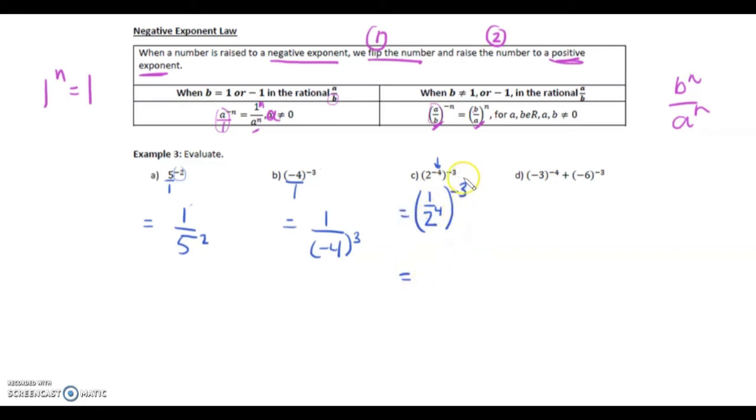So now, because we again have a negative exponent, we're going to flip this number again. So now it's 2 to the 4, technically over 1. And now we raise it to a positive exponent. So, if we multiplied those, it'd be 2 to the 12th, but I just wanted to go through those 2 steps. You could have gotten 2 to the 12th from the first step.